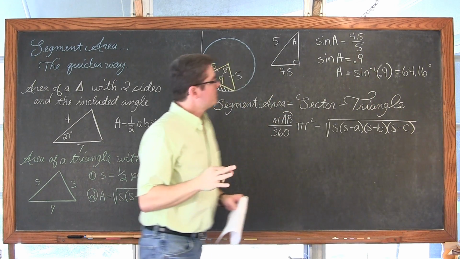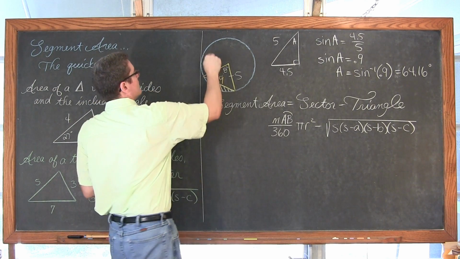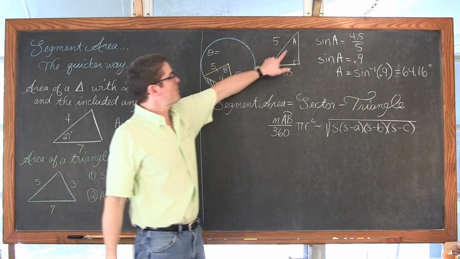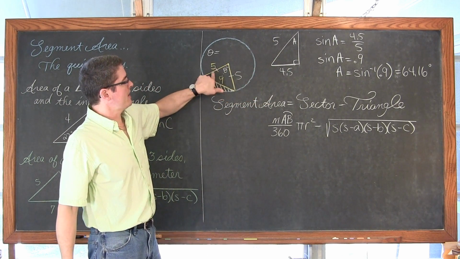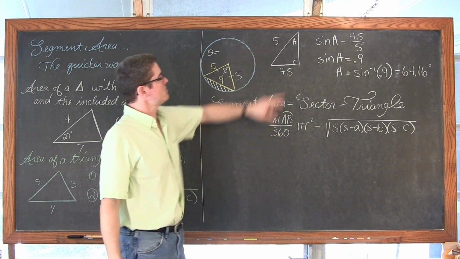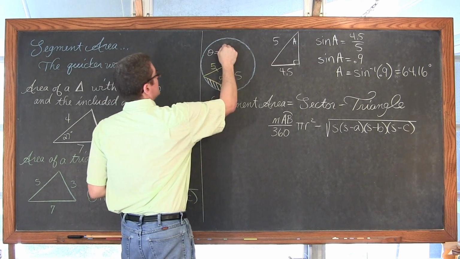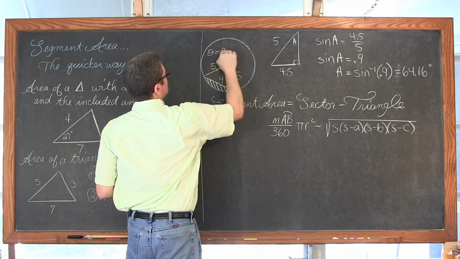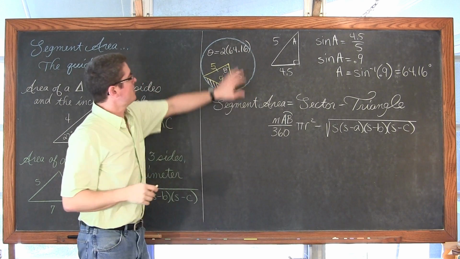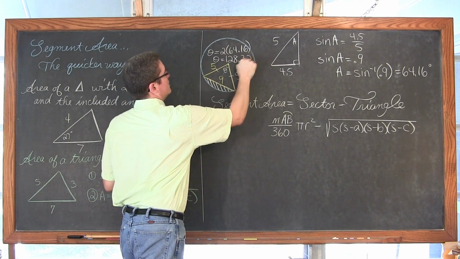Now that means that in my drawing here, theta is not equal to 64.16. Remember, I cut this isosceles triangle in half with an altitude so I could use some right triangle trigonometry. So that's only half the angle. Theta is two of those measurements. Theta is 2 times 64.16, so it's going to be 128.32.